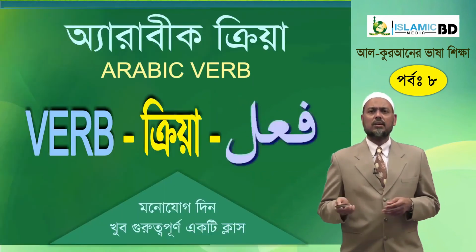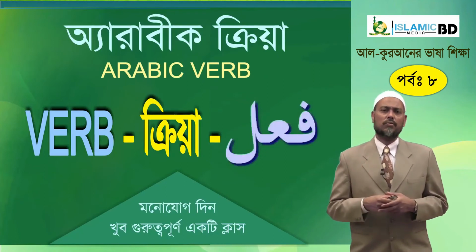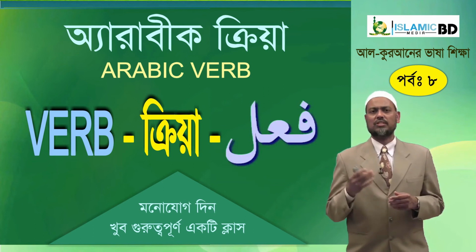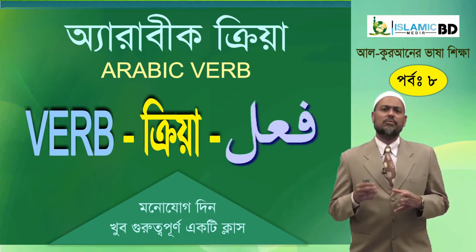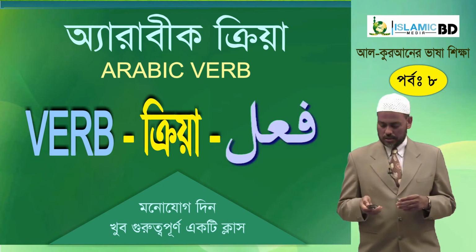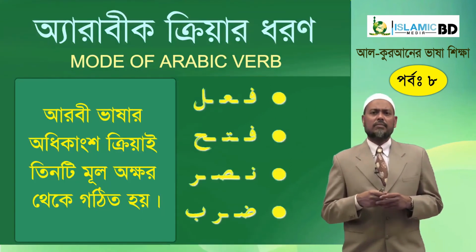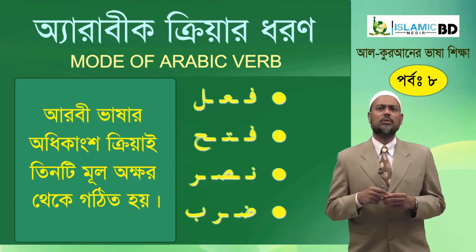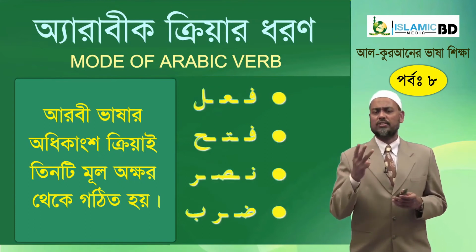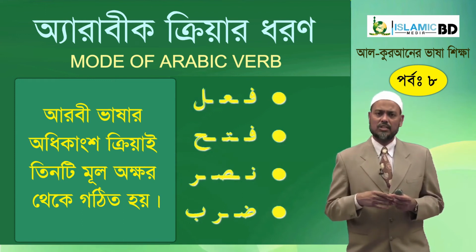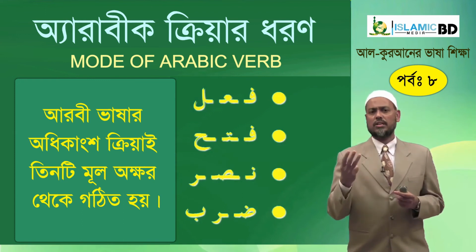In today's class we will be working on verb. So far we have worked on nouns and also prepositions and other letters. Today we will learn about verb. In Arabic language, most of the verbs come from 3 root letters. Almost 90% of the verbs in Arabic are made of 3 root letters.